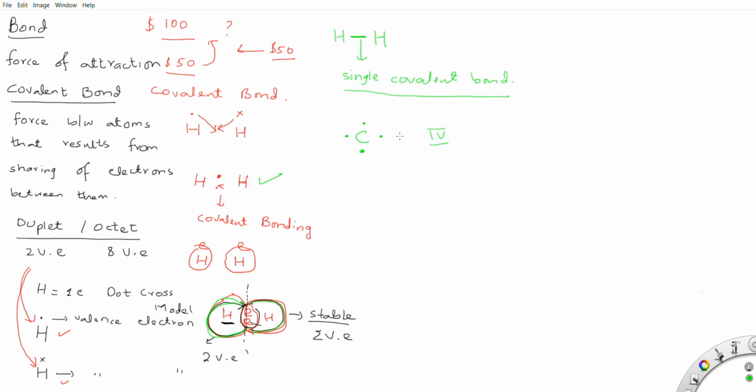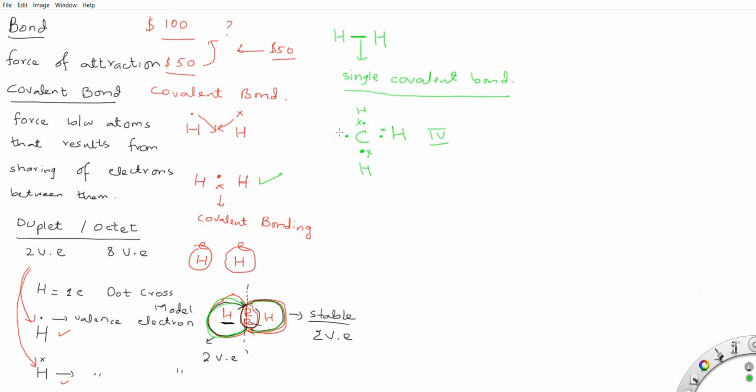Since it needs four more electrons to become stable, I provide this carbon with four hydrogen atoms, each with its valence electron.